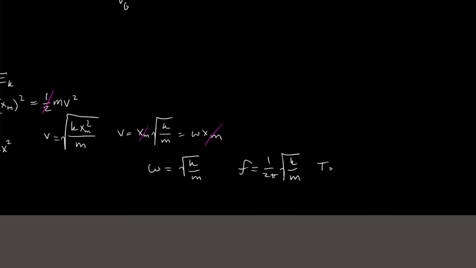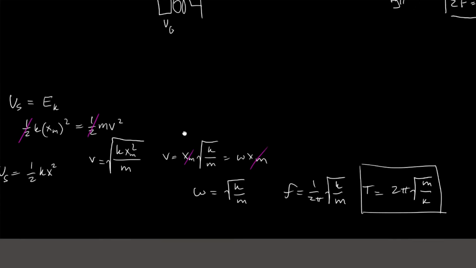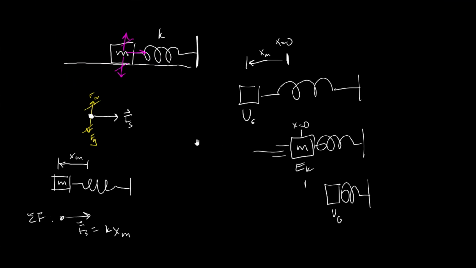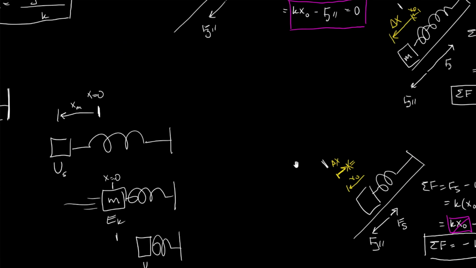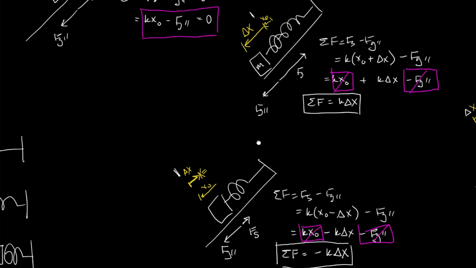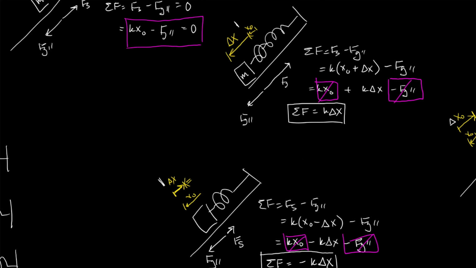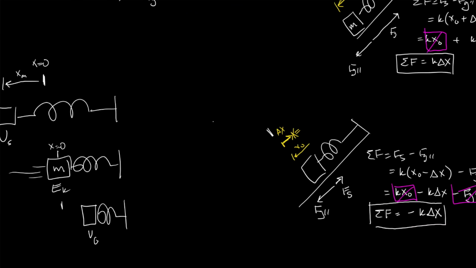and T equals 2 pi square root m over k. We got that result by looking at the energy conservation during this oscillation of our horizontal spring. And for our slanted spring, our energy conservation looks a little bit different.